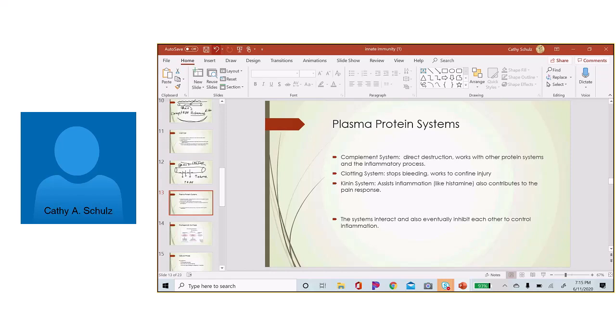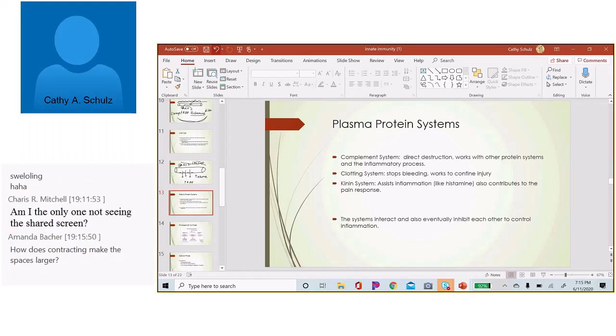So the complement system can cause direct destruction of foreign materials or pathogens or mark them for later destruction. And they also contribute to vasodilation. The kinin system assists with vasodilation like histamine and contributes to pain.